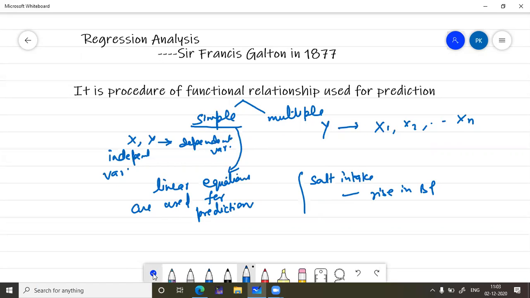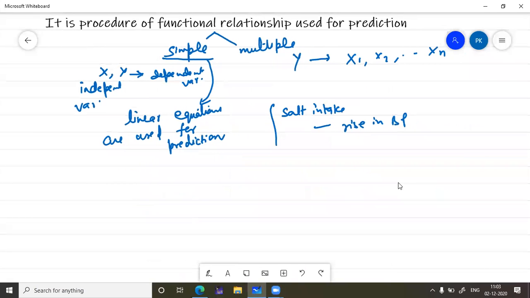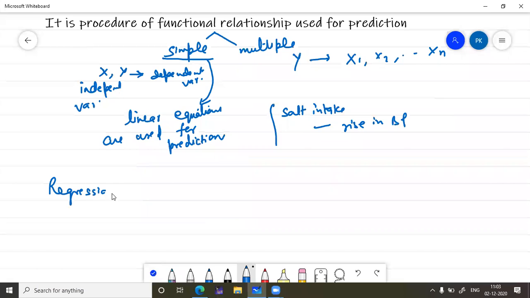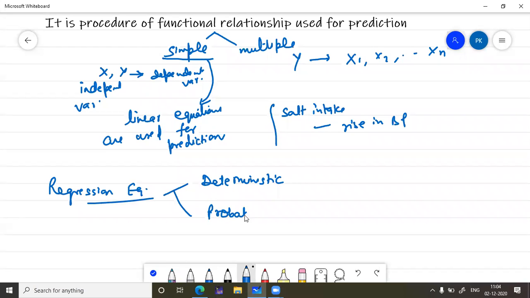Now we have regression equations here, and regression equations are of two types. The first one is deterministic and the next one is probabilistic.